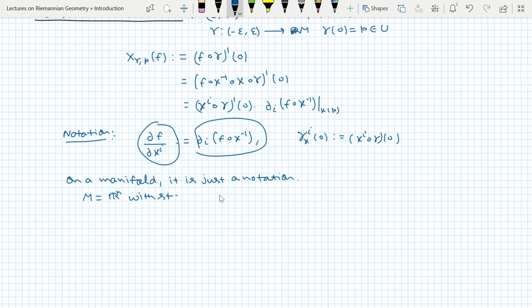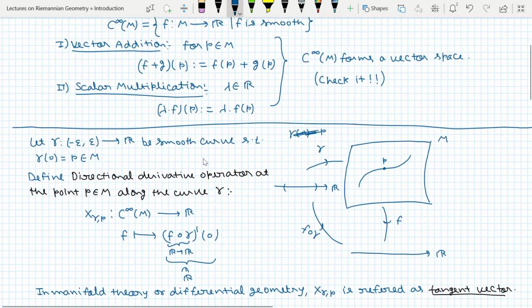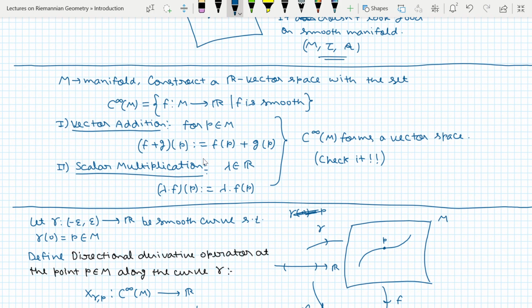They write that when you take your manifold to be Rn with standard coordinates, then this del over del xi works as the partial derivative operator. Okay, so this is one thing that I wanted to mention.